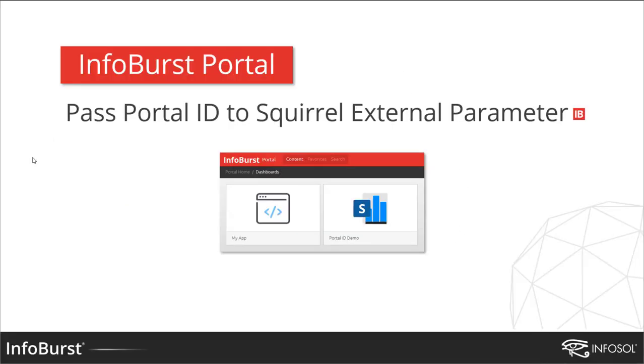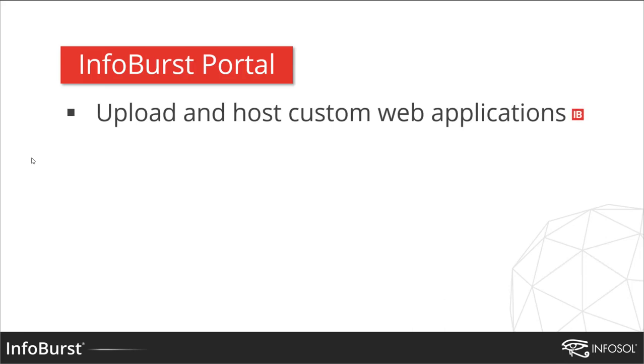The next enhancement to the InfoBurst portal gives users the ability to upload and host their own custom web applications. In the previous example, we looked at the hosting of a Squirrel dashboard, a web application created by the Squirrel design tool. But you might have a web application created with some other tool or developed from scratch.